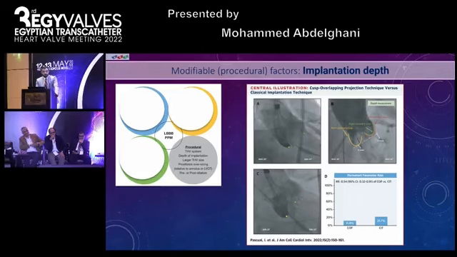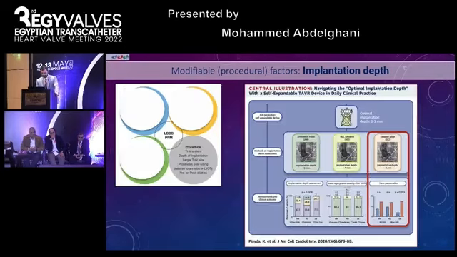And indeed, a very recent study has confirmed that the systematic implantation in the cusp overlap view or overlay view will help you improve your implantation depth and hence decrease the pacemaker rate.